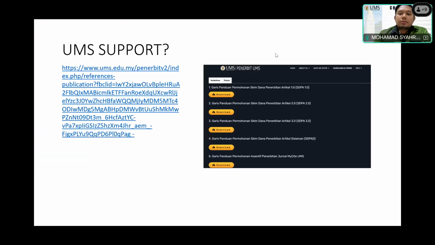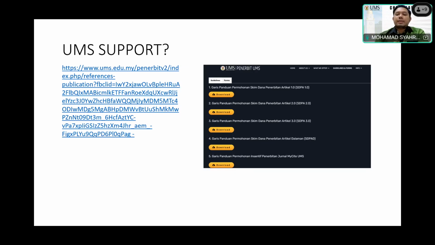Oh yeah, I want to share this one. UMS also provides financial support, the scheme dana penerbitan for publication. Your supervisor can ask for money from the UMS Press, so please be aware of this.